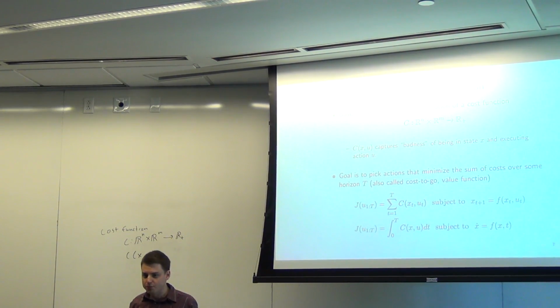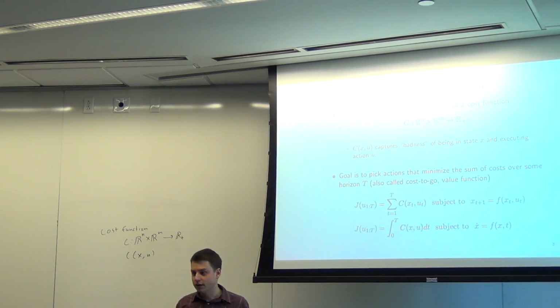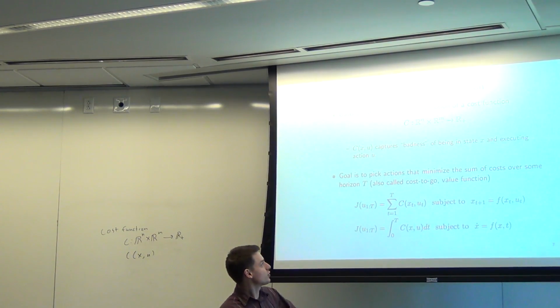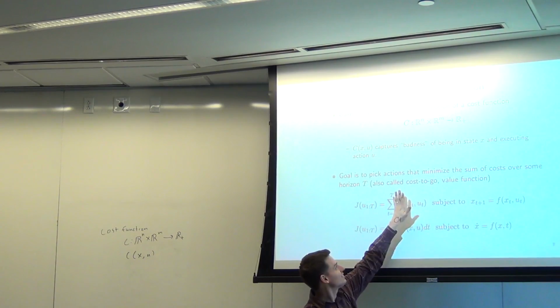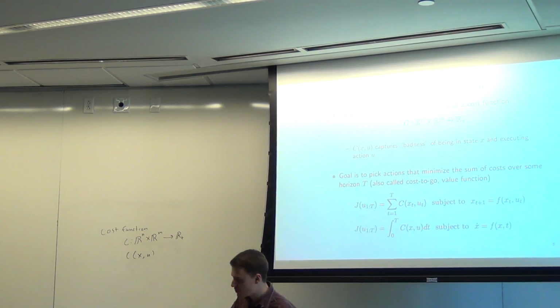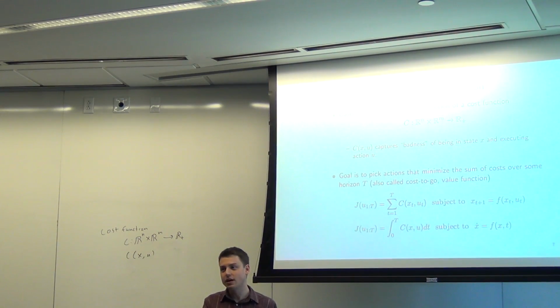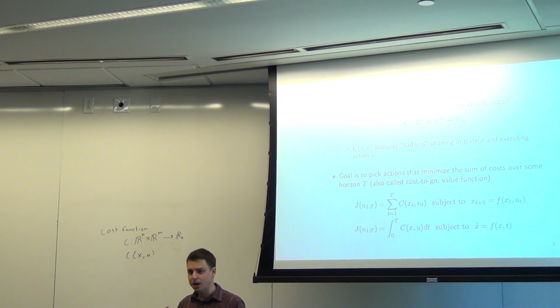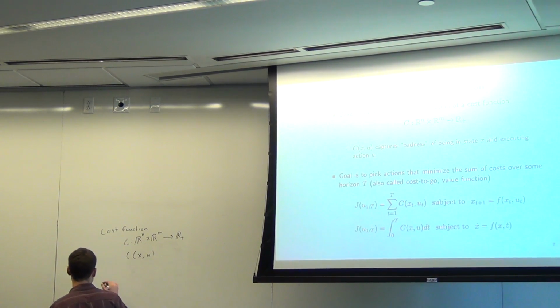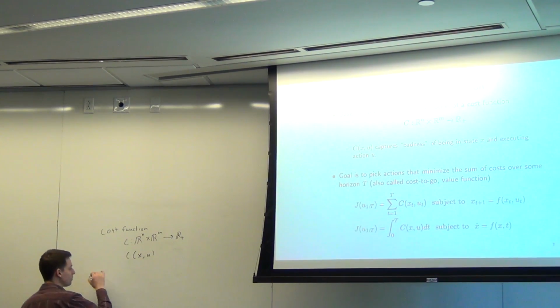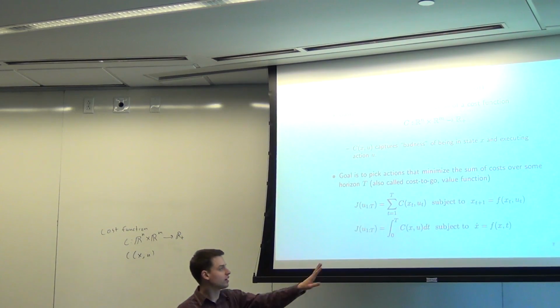For the purpose of this class, the goal of optimal control is to minimize the sum of costs over some time period. Not just the instantaneous cost right now, but the goal of control can be viewed formally as minimizing the sum of these costs. So the goal of control is to minimize what we're calling the cost-to-go function.